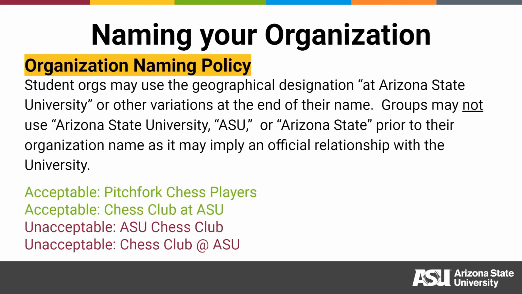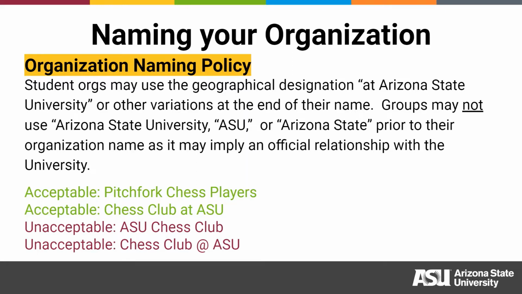Creating your brand. Something to think about is naming your organization. What do you want your organization to be named? You're allowed to use a geographical designation, so at Arizona State University, but you cannot say Arizona State University Taco Devils or ASU Boat Riding Club. It can't imply that it's an official organization of the university.